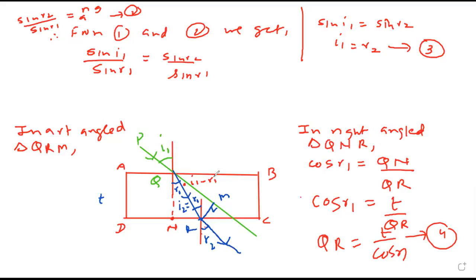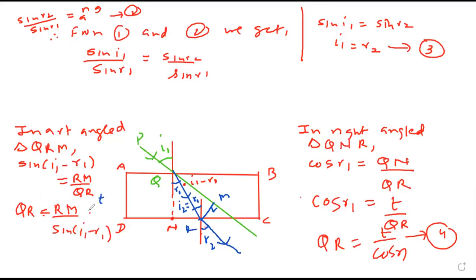I1 minus R1, correct? Yes, sir. So we can say sine of I1 minus R1 equals the opposite side RM upon hypotenuse QR. Therefore, QR equals RM, which we want, upon sine of I1 minus R1. Equation 5.